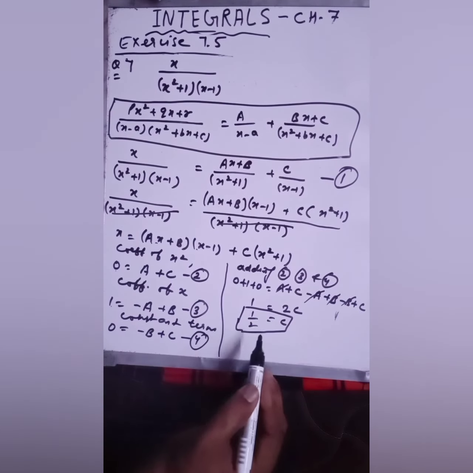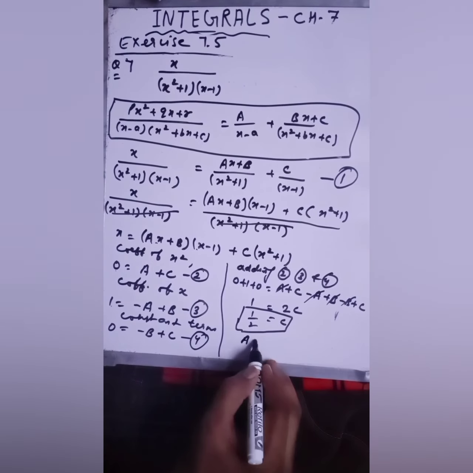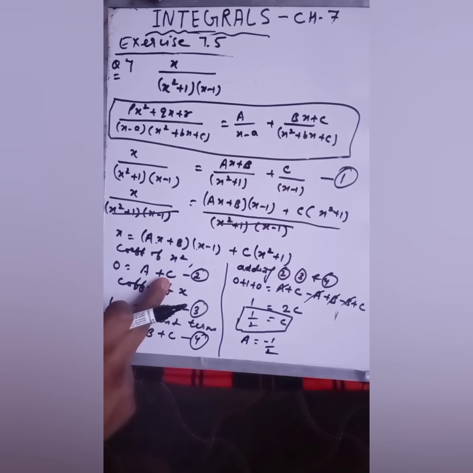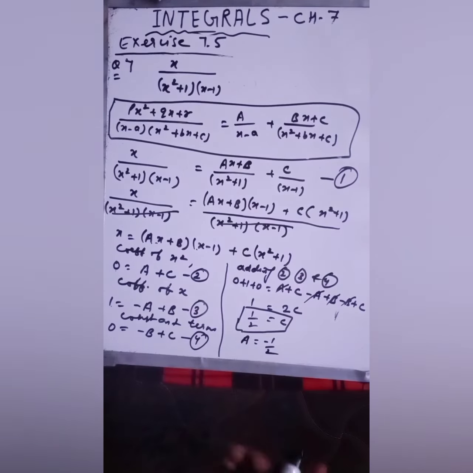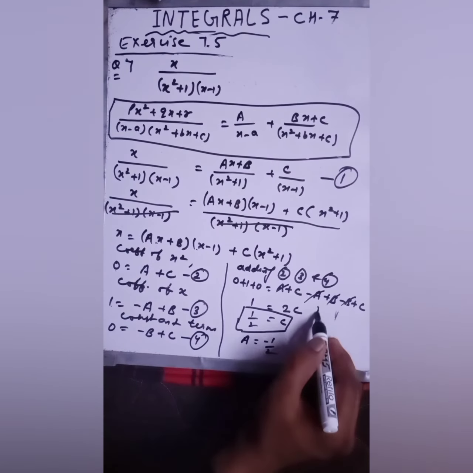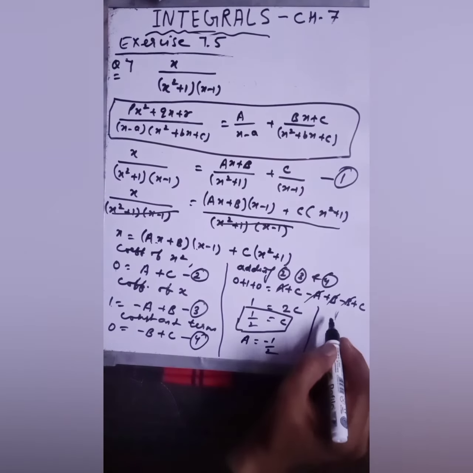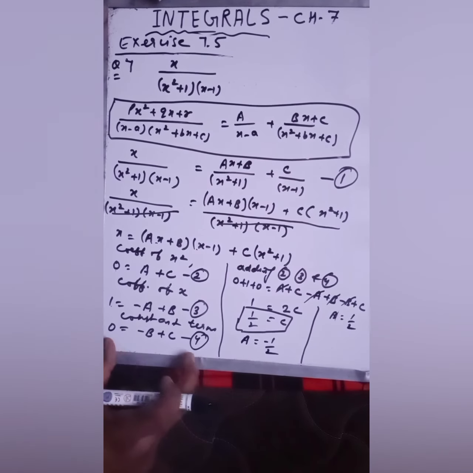Okay, if your C is 1 by 2, so your A would be minus 1 by 2. If you put C here, the C is 1 by 2, when it comes here you will get the value of A. So your A would be minus 1 by 2. And similarly, if your C is 1 by 2, your B will be 1 by 2, if you see in equation number 4.